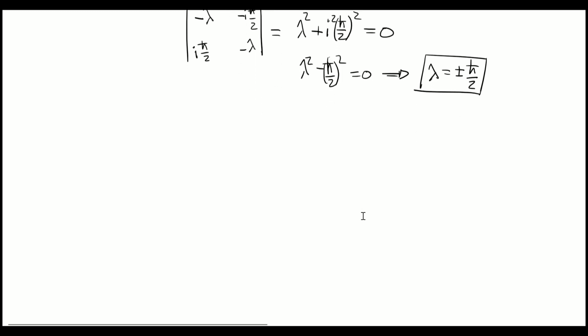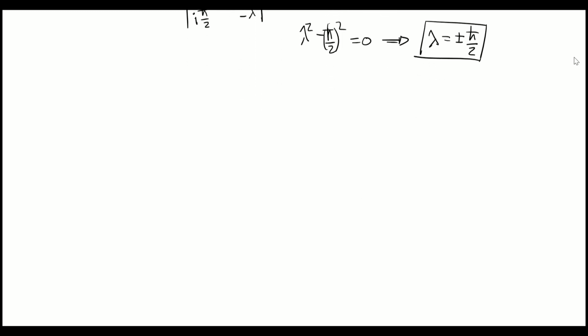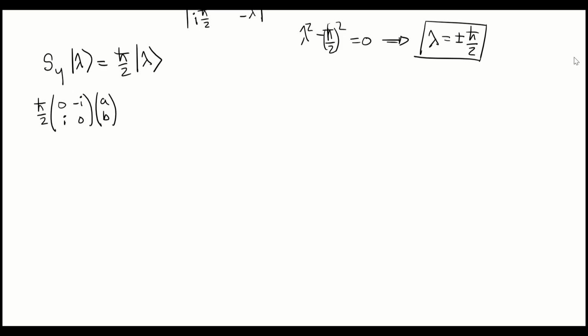Right. So now we have our two eigenvalues, plus or minus h bar over 2. Now the question is, well, what are the eigenvectors? To do that, we just return to our eigenvalue equation. We have Sy acting on our eigenvector is equal to h bar over 2, for the first eigenvalue, times that eigenvector again. If we write that in our matrix representation, we have h bar over 2, (0, negative i; i, 0), times that arbitrary vector that we're unsure of, (a, b), the column vector, equal to h bar over 2 times (a, b).